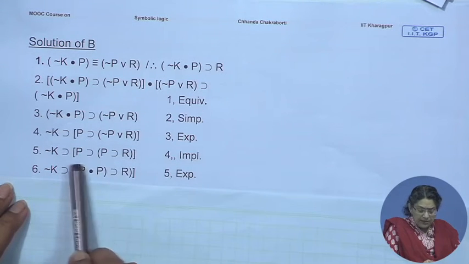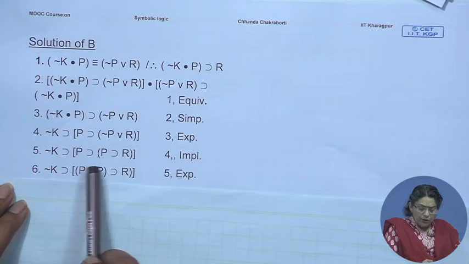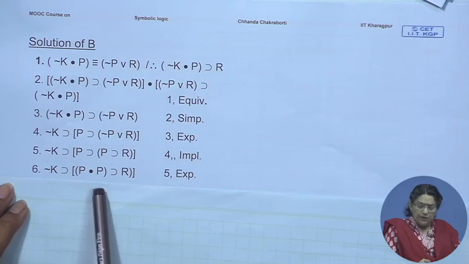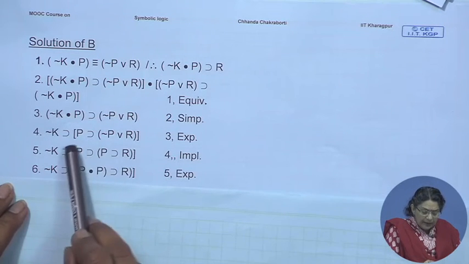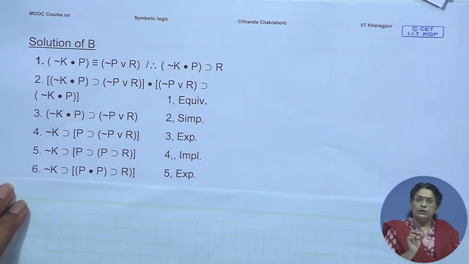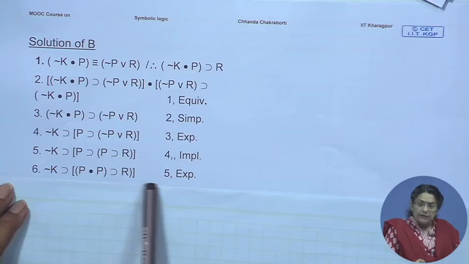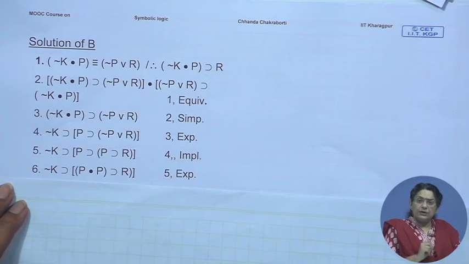This is your P, this is your Q, this is your R. So, P horseshoe R by exportation would become P dot P horseshoe R, correct. So, I am applying the rule of equivalence only into the part where I want to, and this is the exportation. After applying exportation, this is what you are going to get.